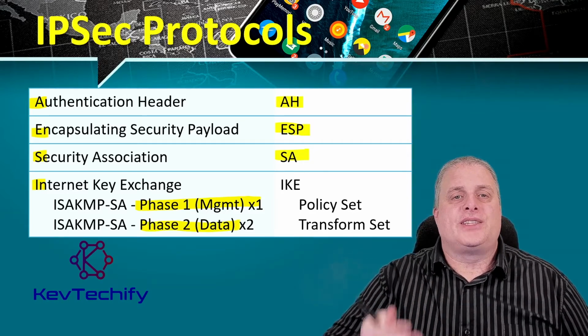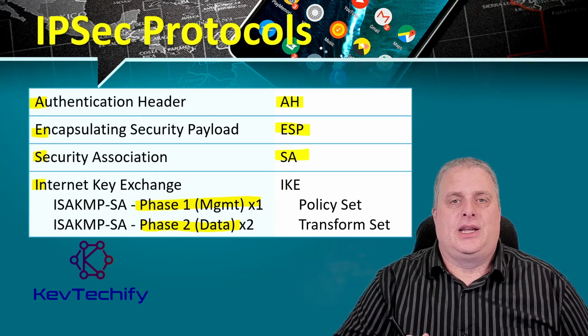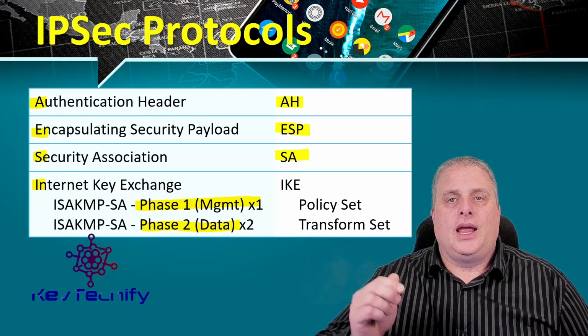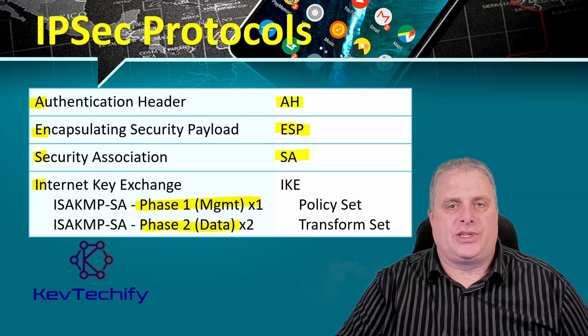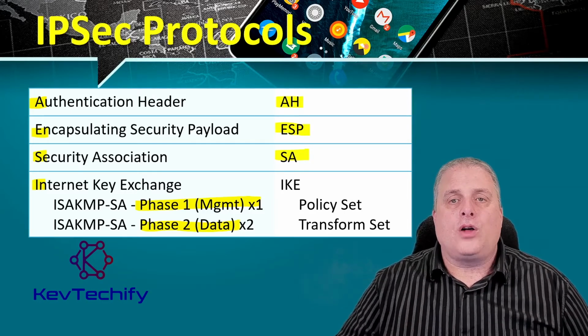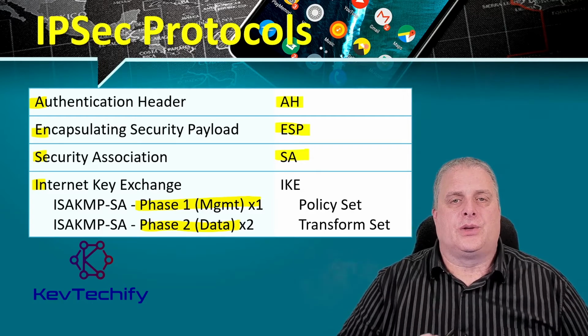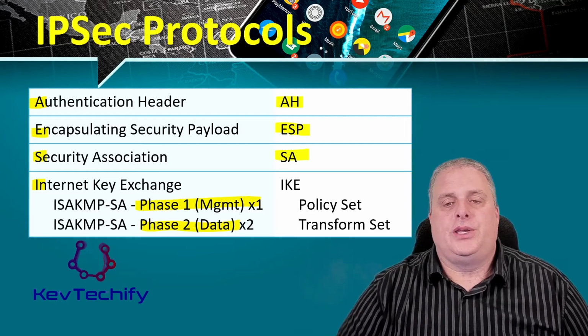Phase 2 creates the transform set. There's a single policy set used for management in phase 1, and there are two transform sets, one inbound, one outbound, used for data. All these things that are set up in these two phases in the security associations are basically all of the security methods we are going to be using.